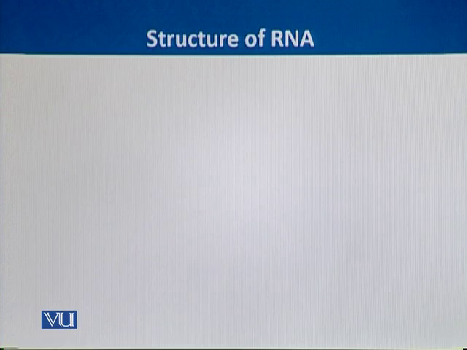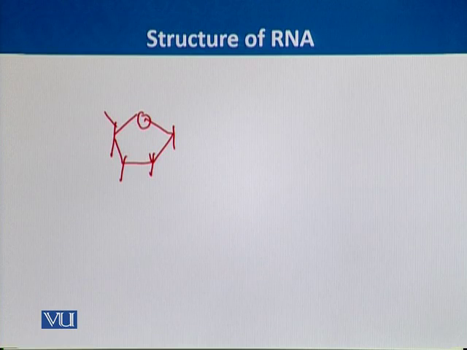So here we can see, this is the sugar. It has 5 carbons: carbon number 1, 2, carbon 3, carbon 4, and carbon number 5.